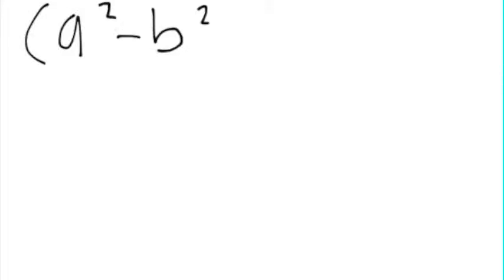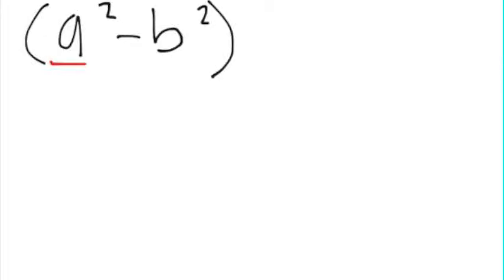So the first step to this problem would be to analyze the function and identify if it is a binomial and if the binomial is being subtracted. So let's look at an example. In this example, you can see that a squared is being subtracted by b squared. So is it a binomial? Yes.